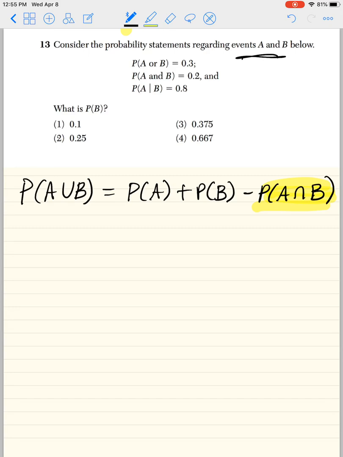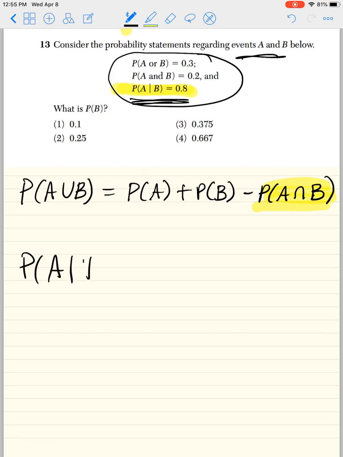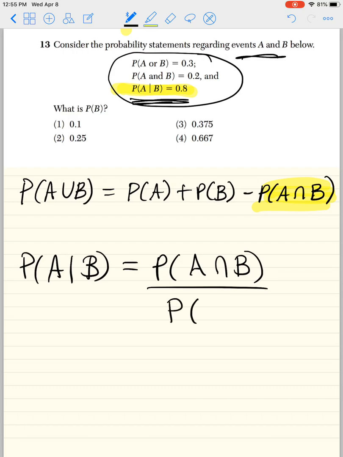So here's some information: A or B is 0.3, A and B is 0.2, and then this given part. Do you guys remember what the given formula was? It's P of A given B is going to be P of A and B over P of B. Now that value is equal to 0.8.